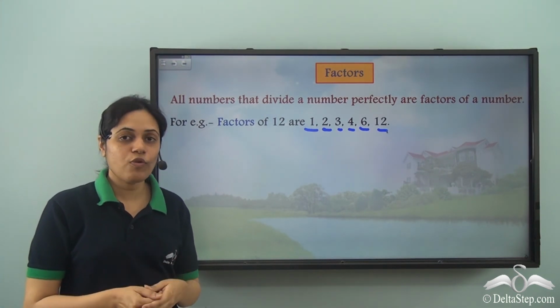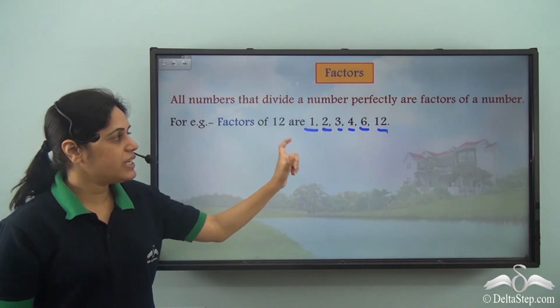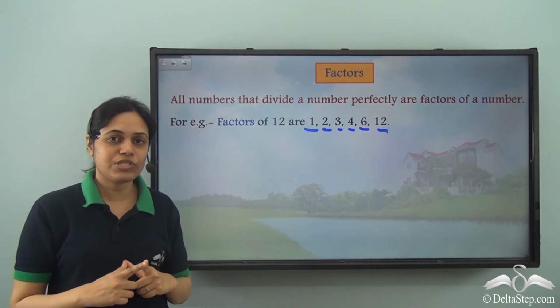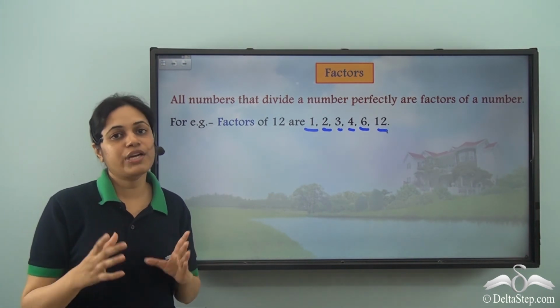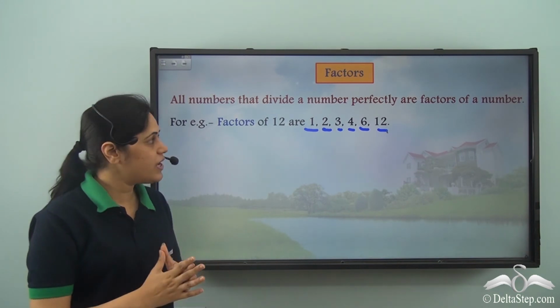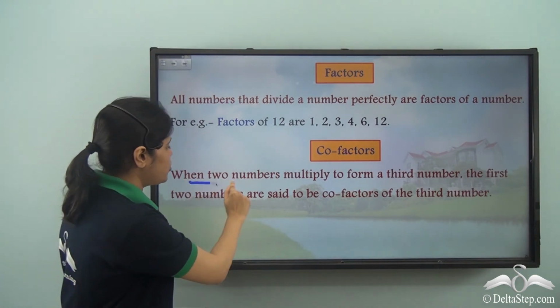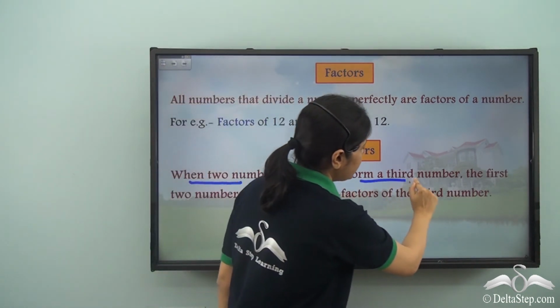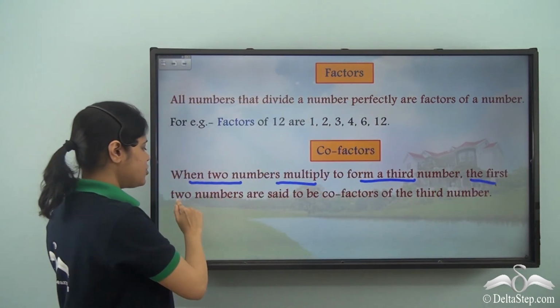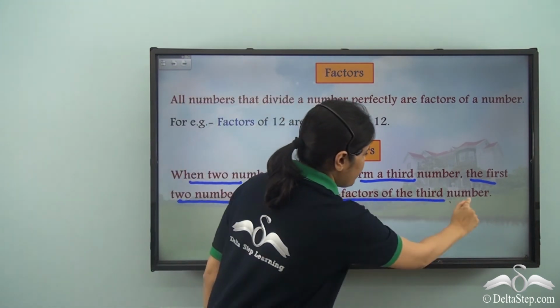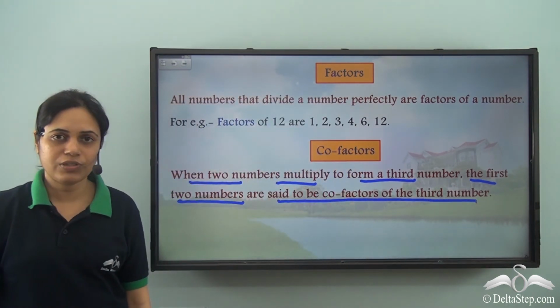Now what about cofactors? From these factors, I need to see which two combine to give me 12. Cofactors are when two numbers multiply to form a third number, the first two numbers are said to be the cofactors of the third number.